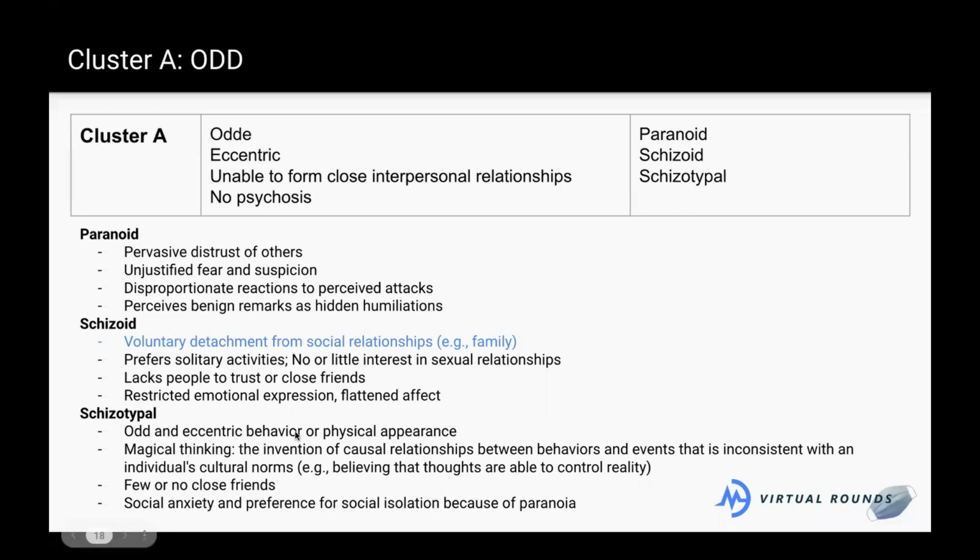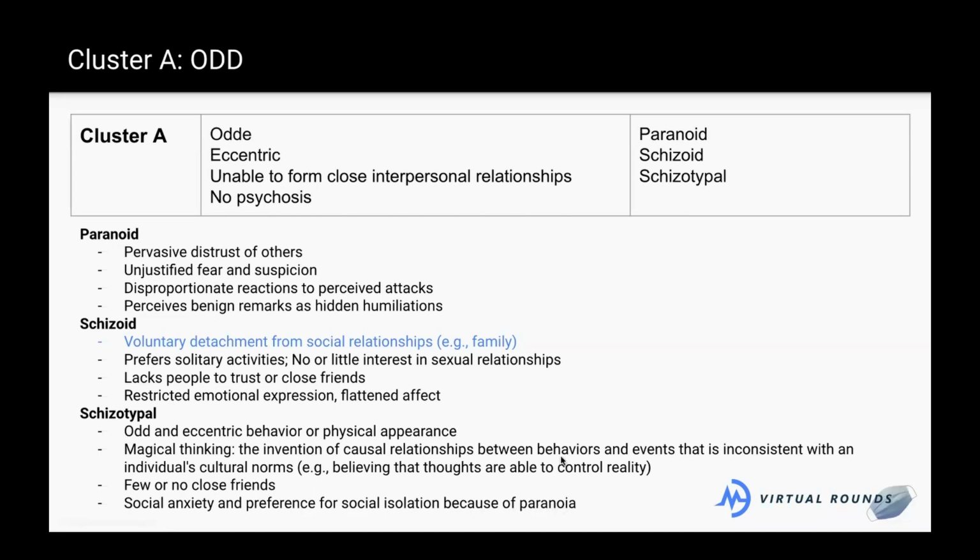They'll have what's called magical thinking, which means that they'll be like, oh, I heard a door close behind my left ear the other day, and that means that it's going to rain tomorrow. So kind of thinking that things are related maybe when they aren't, or that thoughts are able to control reality, meaning like if I think really hard, kind of like when people say I'm going to manifest this, taking that to an extreme. So these people are going to have few or no close friends because they're a little strange, because I think people find this behavior a little off-putting a lot of the time. And they'll have some social anxiety, and they'll often prefer social isolation because they're a bit paranoid.